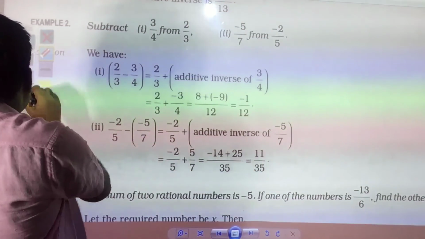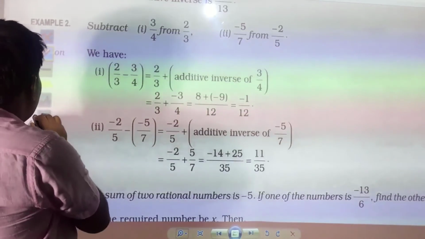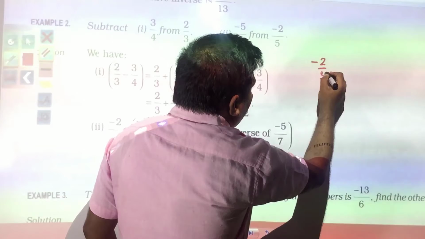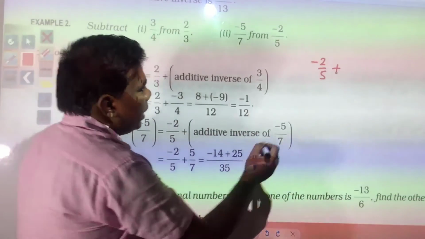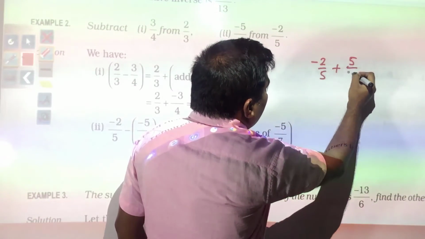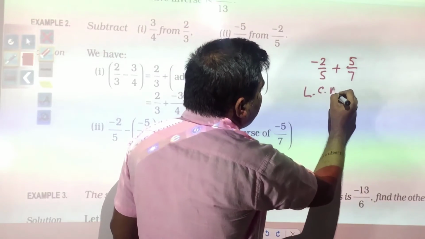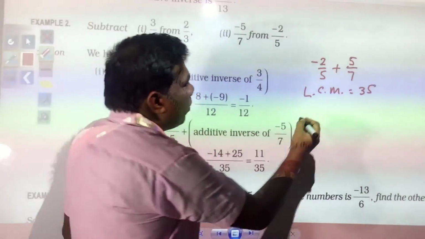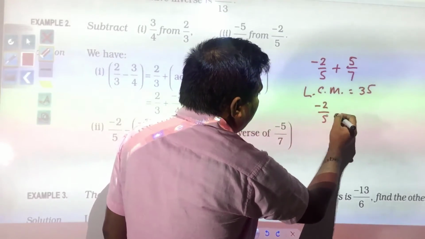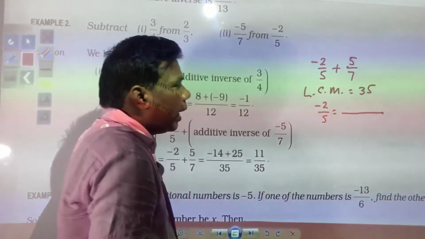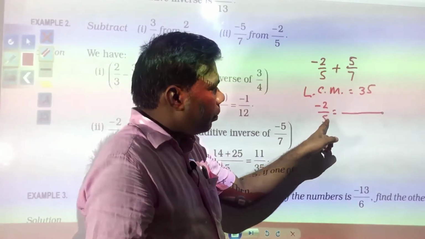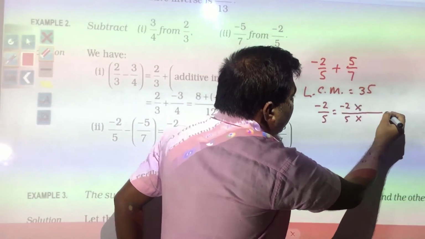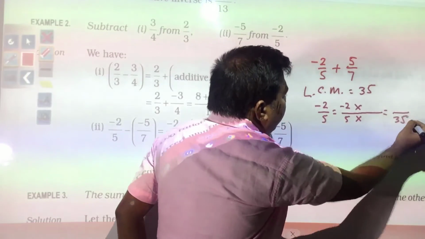You have minus 2 by 5 and this is required to be added with 5 by 7. Your LCM is 35. Now minus 2 by 5 we will write, and we will write an equivalent rational number of minus 2 by 5 having denominator 35.